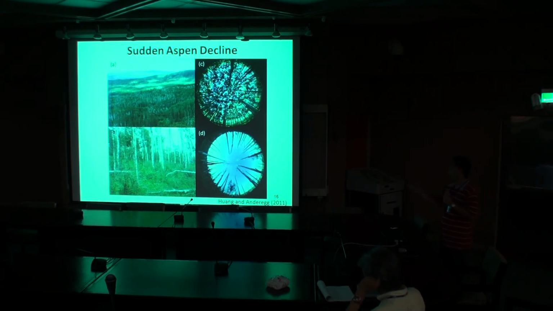This is a kind of tree called aspen, the most widely distributed tree in North America. They are actually the largest organism in the world. All these small trees are called suckers, and the whole group is one unit.